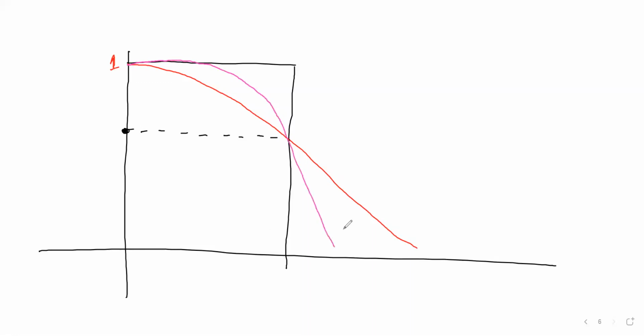If this is n1 and this is the plot for n2, obviously n2 is greater than n1.